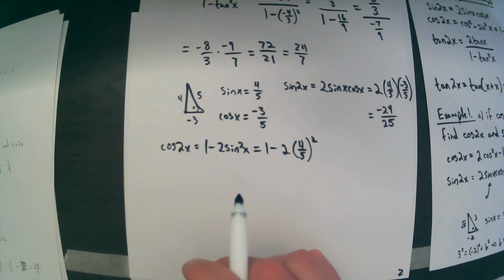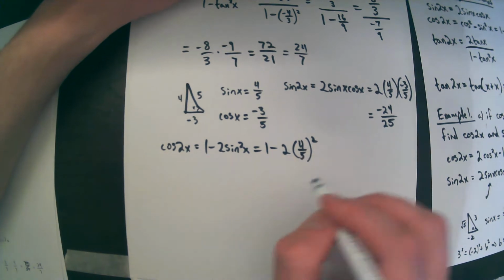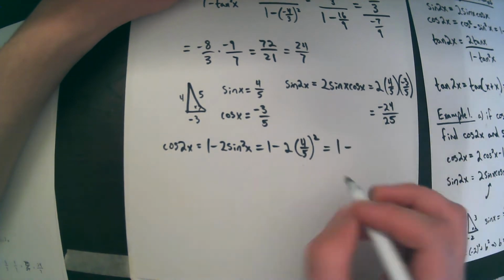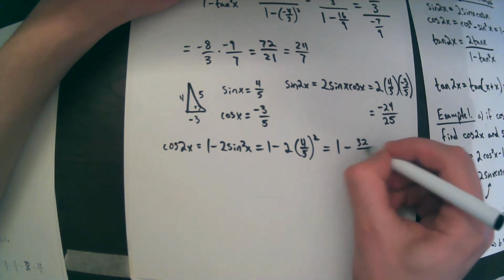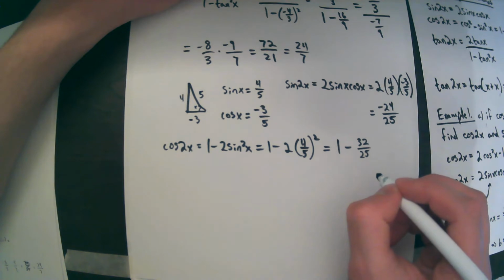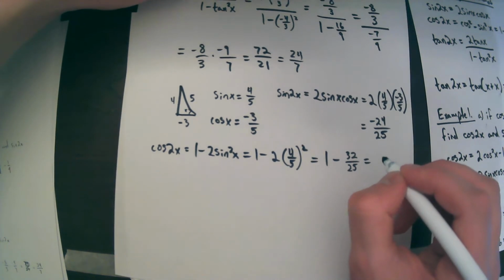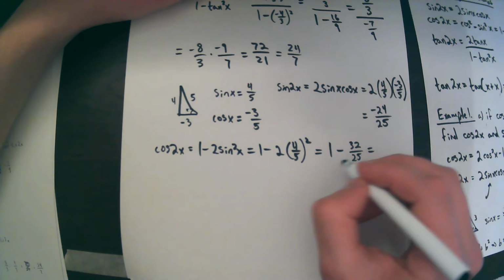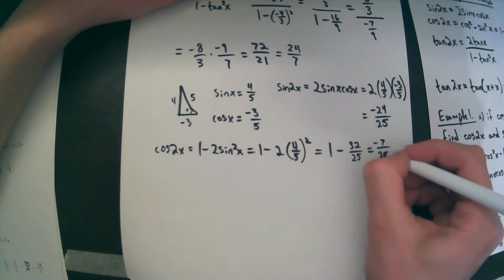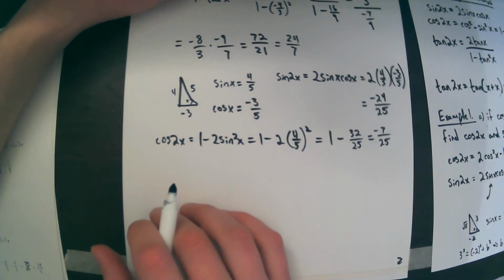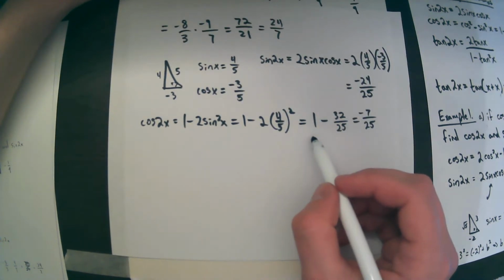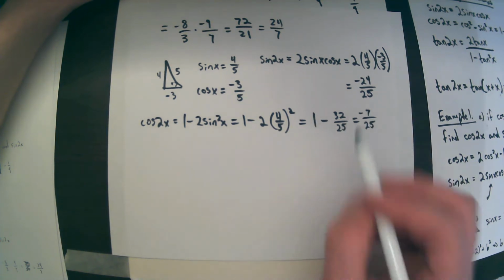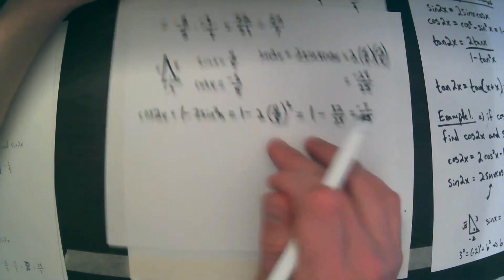I got something different earlier. I think I just plugged it wrong. Okay, this is fine. 1 minus 2 times 16 over 25 is 1 minus 32 over 25, which is 25 over 25 minus 32 over 25. 25 minus 32 is negative 7, so that's negative 7 over 25. There we go.